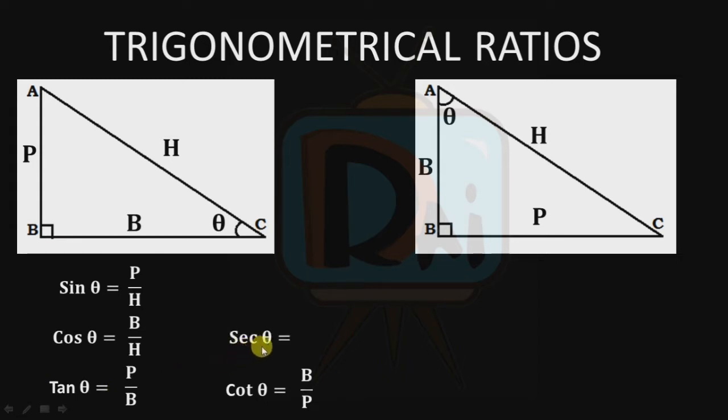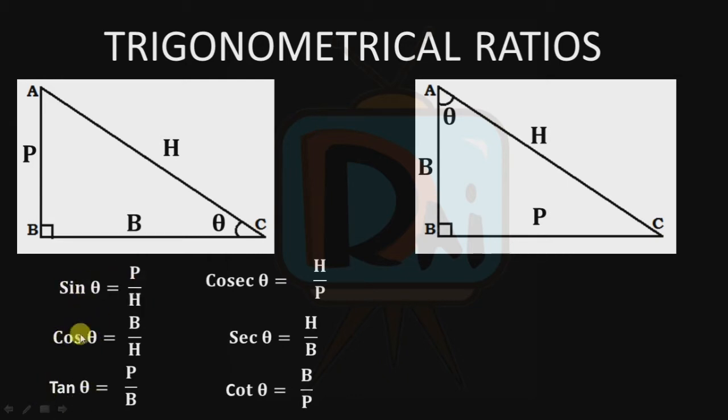Similarly, sec theta is the ratio of hypotenuse and base, which is the reciprocal of cos theta, whereas cosec theta is the ratio of hypotenuse and perpendicular, which is the reciprocal of sine theta.